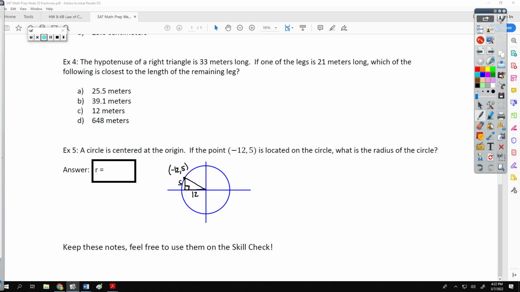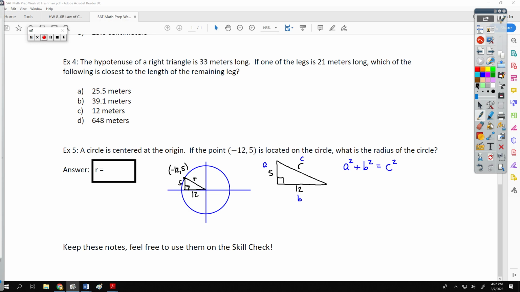So when we're looking at this, this is really a Pythagorean theorem problem because the radius is the distance that point is from the origin. In reality, all we're trying to do is figure out the hypotenuse of the right triangle with legs of 12 and 5. Again, that's Pythagorean theorem, A squared plus B squared equals C squared.